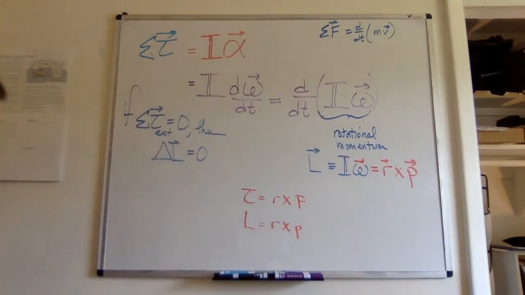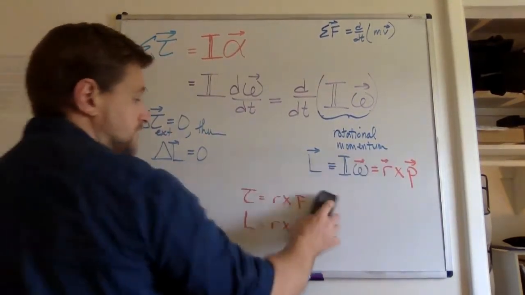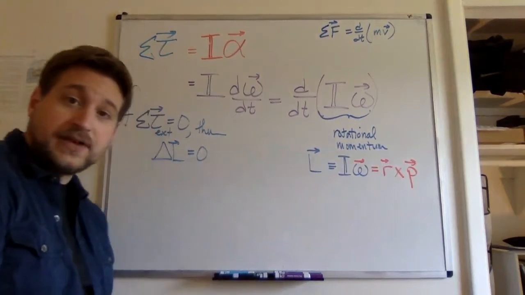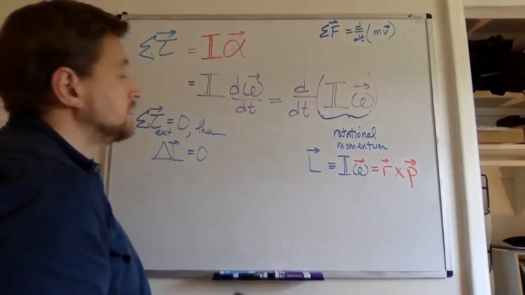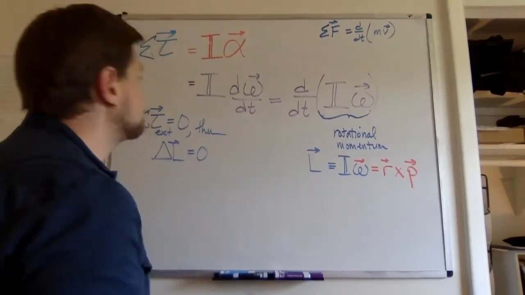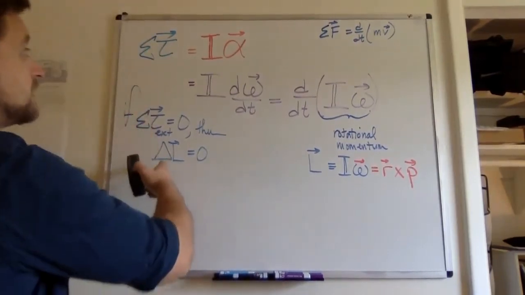R cross P. That definition is going to turn out to be relevant when we talk about gravity, so it's a thing worth talking about. Cool, cool, cool. All right, so we've got a conservation law here.